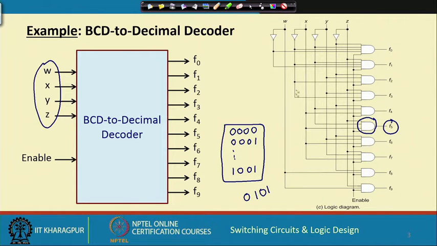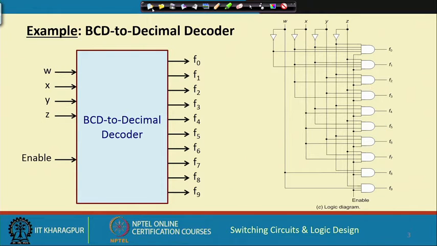So, you connect the enable first, then you connect x, then you connect y bar, then you connect z, and of course, w bar. This way you can connect these inputs in various ways.